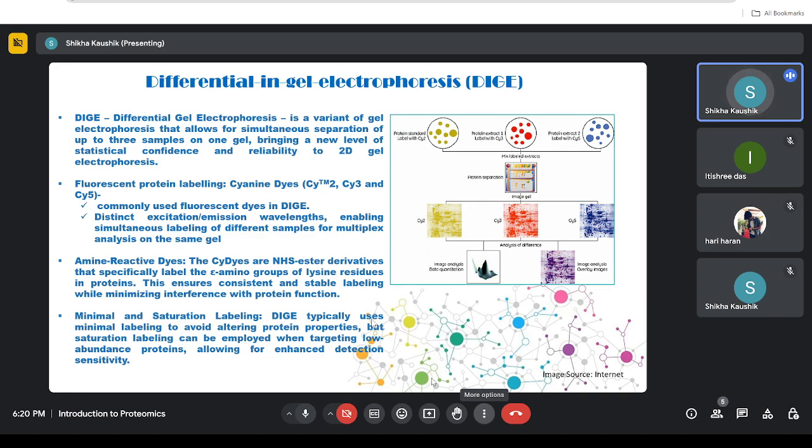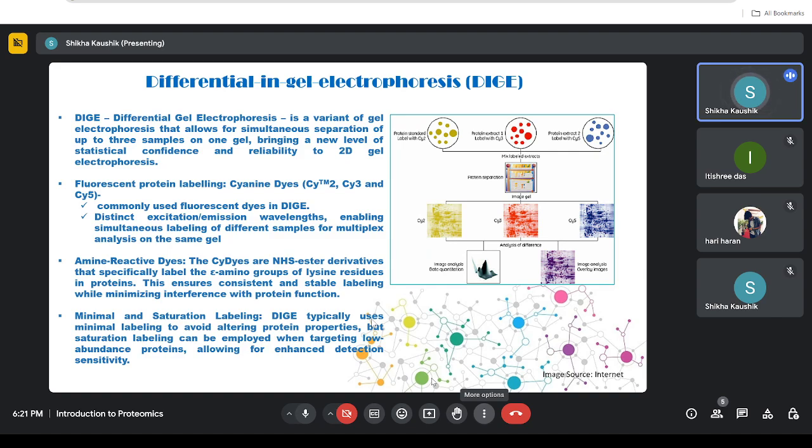So are you understanding this, that when you have a dye that is specifically binding to a particular amino acid, that reduces your artifacts, and that reduces your non-specific labeling. So this labeling is stable, it is consistent because it's binding to a single amino acid.